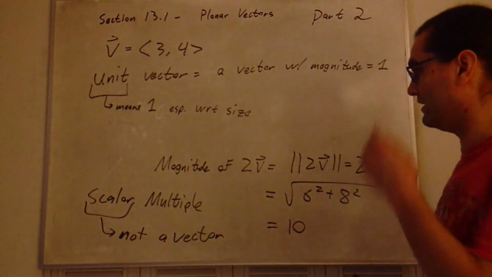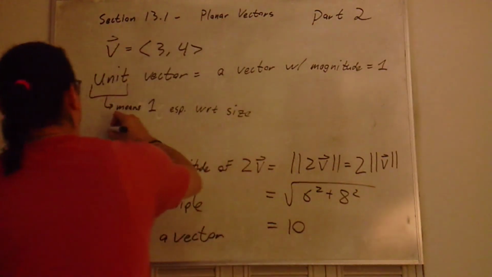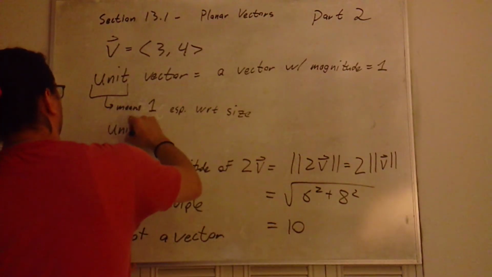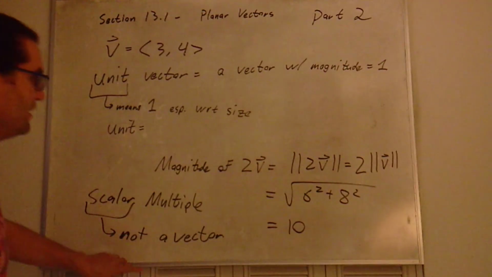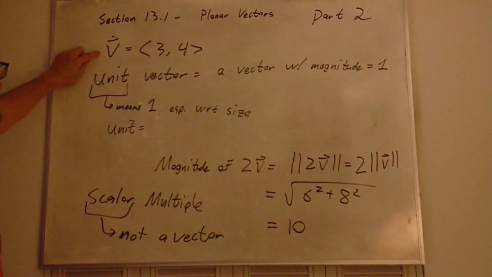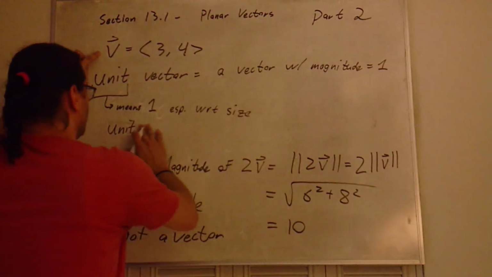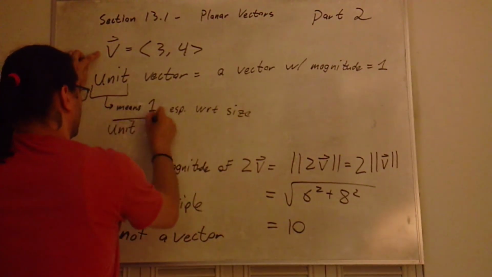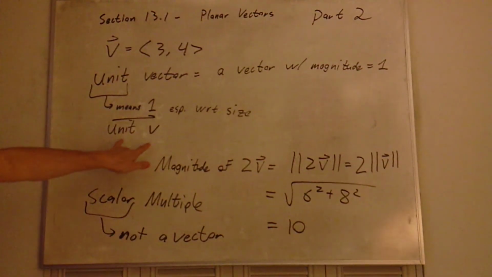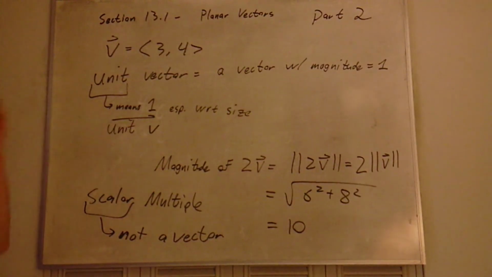And we get that by just dividing by the magnitude. We said that v had a magnitude of 5. So unit v, this is how I write a unit vector. I don't think the book does this, but this is my version.